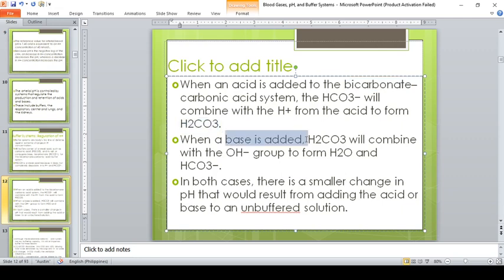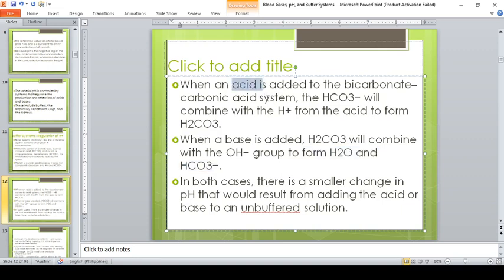Pero kapag base naman ang nai-add, anong mangyayari? Okay? So, si H2CO3 or si carbonic acid will combine. Kasi diba ang base that is represented by the hydroxyl. So, yung base, magko-combine siya sa carbonic acid to form water and the bicarbonate. Okay? So, ganun yung nangyayari.